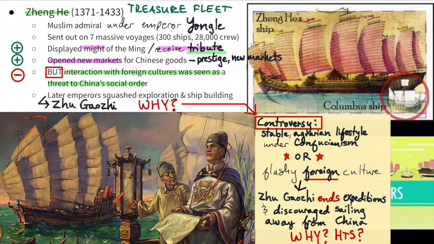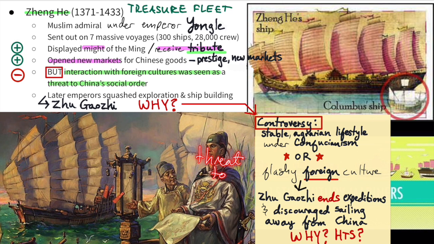So to prevent this foreign, flashy lifestyle that detracts from their Confucianist values, you're eventually going to see a change over time where the Ming Dynasty shuts this treasure fleet down and says, we can't afford to do this anymore. It's a threat to our hierarchy. We want to maintain a stable agrarian society under Confucianist ideals.